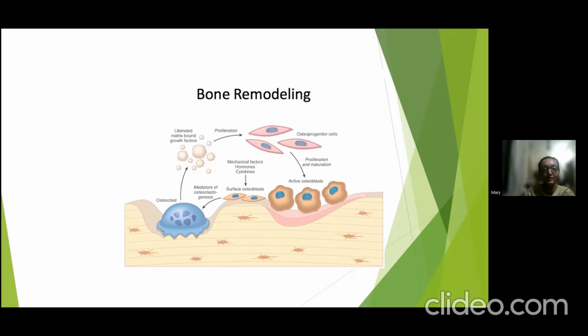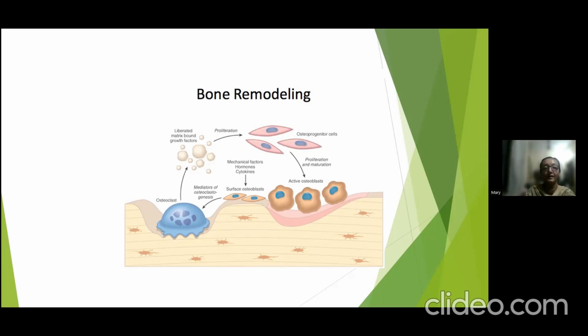Osteoblasts are bone forming cells, so they in turn will help in bone formation and bone deposition in the area, and after their lifetime, when induced by mechanical factors, hormones, or cytokines, they in turn act as mediators of osteoclastogenesis.